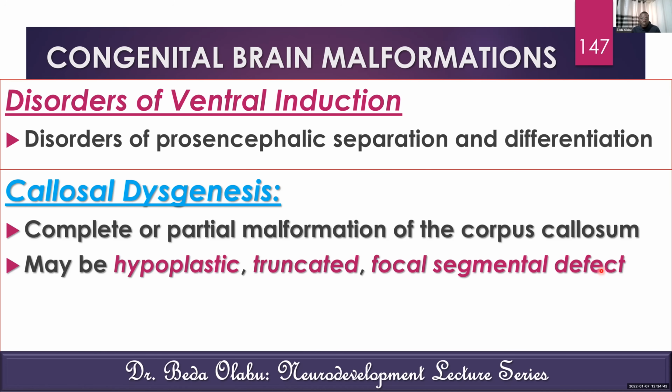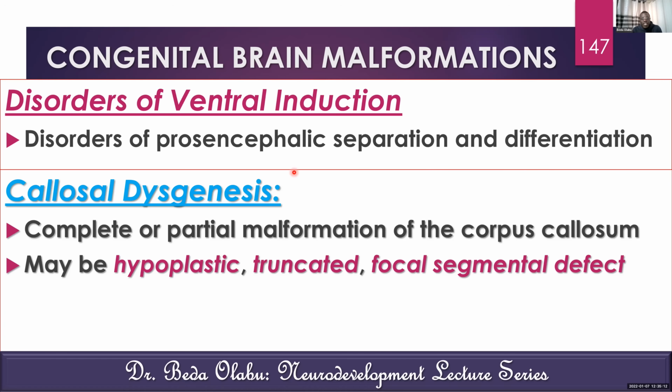Or it may have a focal segmental defect. That means the anterior and the posterior parts are there, but somewhere in the middle, there's a section that is not there. All this, remember, corpus callosum joins right and left hemisphere. So callosal dysgenesis is basically a disorder of separation of the forebrain.